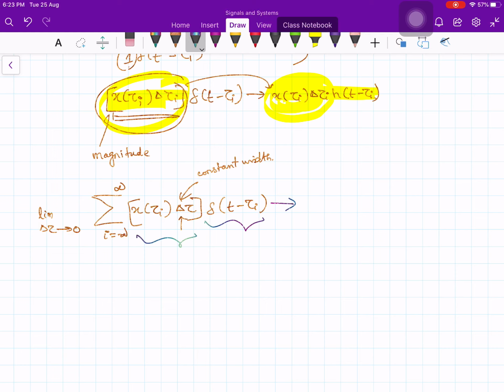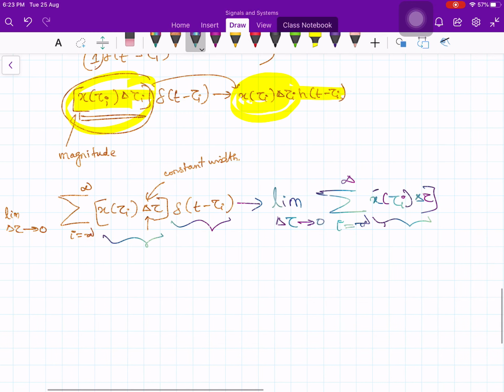So limit delta tau goes to 0, summation over tau i from minus infinity to plus infinity, x of tau i delta tau, this whole thing is the magnitude, but now this delta of t minus tau i becomes the impulse response h of t minus tau i.